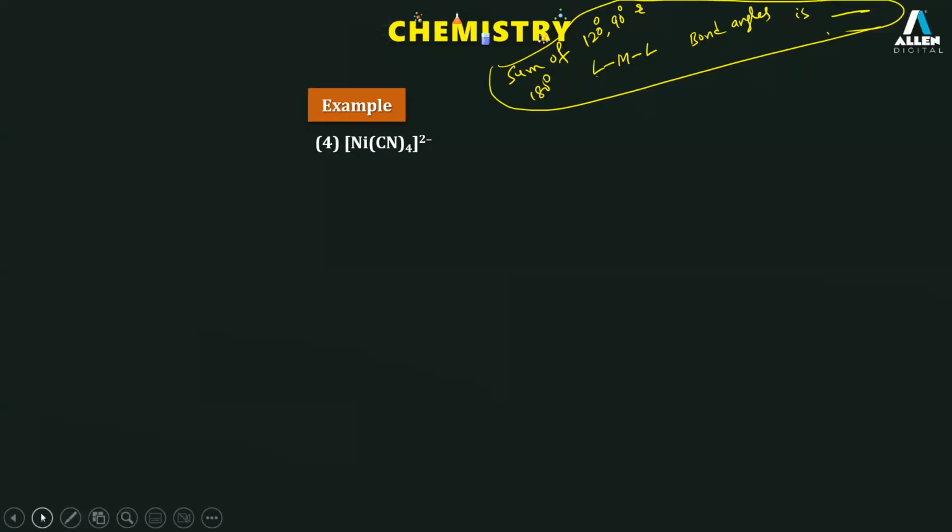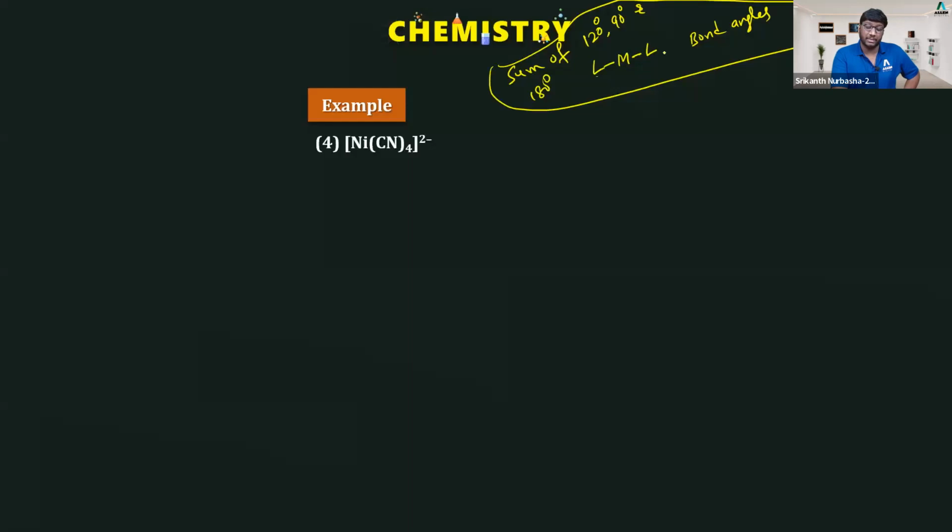For 90 it is 1 and for 180 it is 2. Sure? Sir, you are asking about bond angles between two ligands and the metal, right? Two 180.